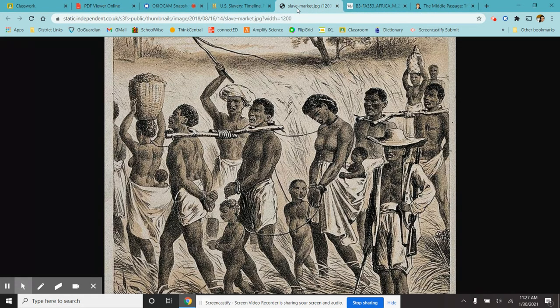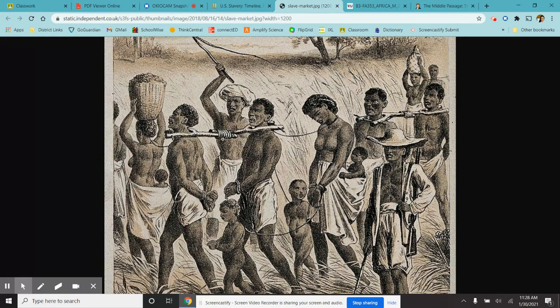In this one you have children also bound, and it was interesting, you see women bound and carrying items. You also see, again, guns, and they're more fully clothed than the other counterparts. They have a hat on. This person is whipping the people as they walk. You see 2 women bound with infants attached to them, as well as children tied.